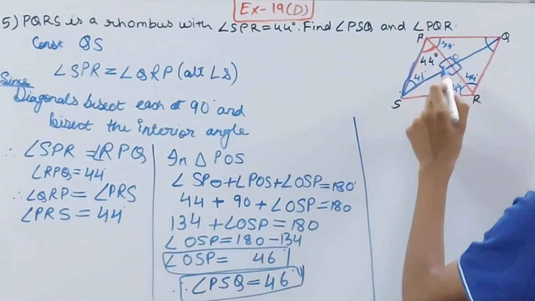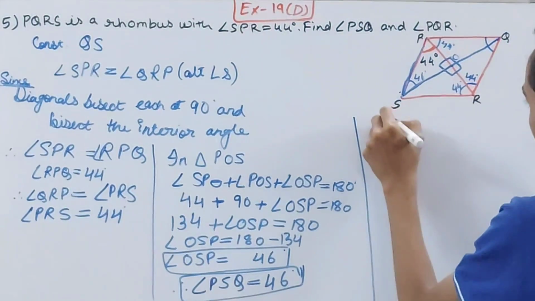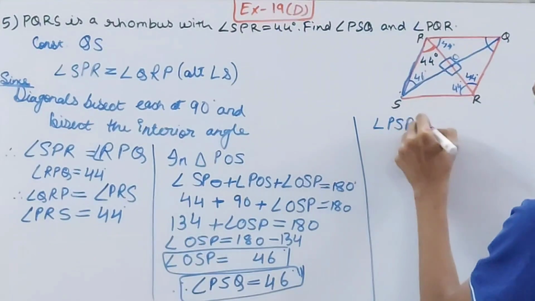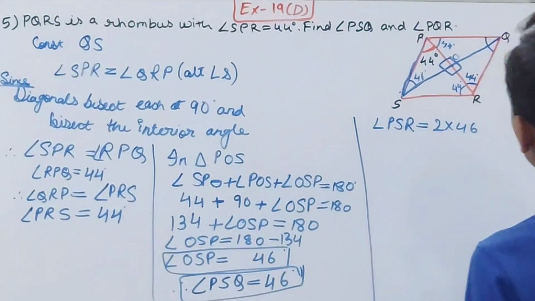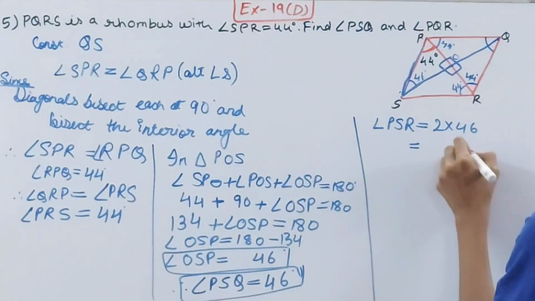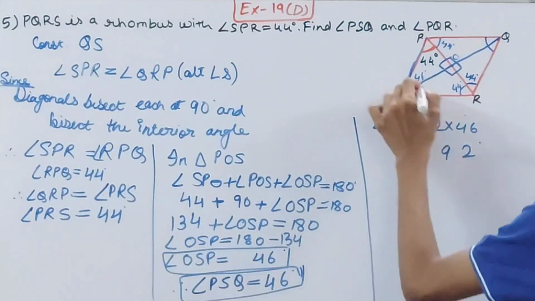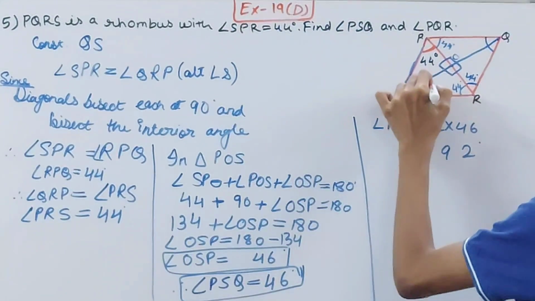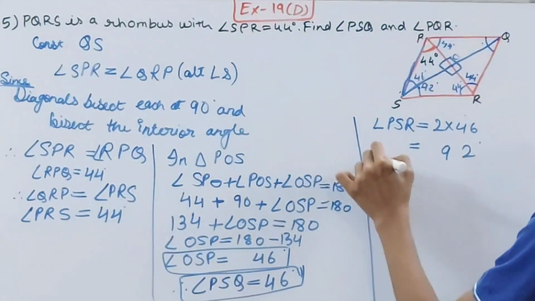Now write it down over here. Angle PSR will be equal to 2 into 46, which is 92 degrees. This whole part is 92 degrees. It is opposite to angle PQR.